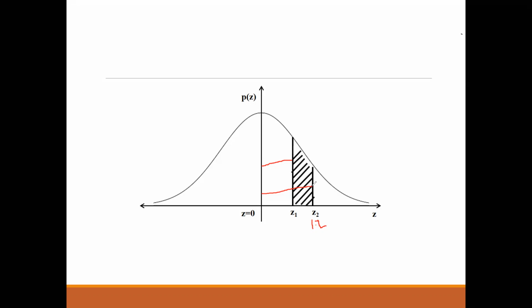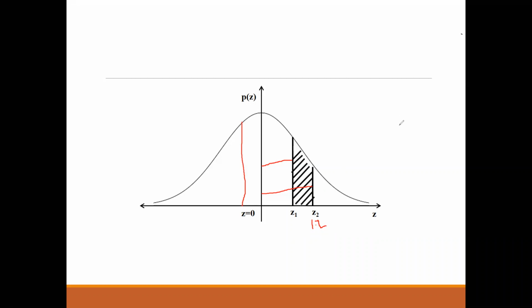Yes, sir. Okay. And suppose by chance the value of Z1 was on this side, somewhere here. In this case, we use the property of symmetry. Let us say this is 0.5; the probability for this half is 0.5.